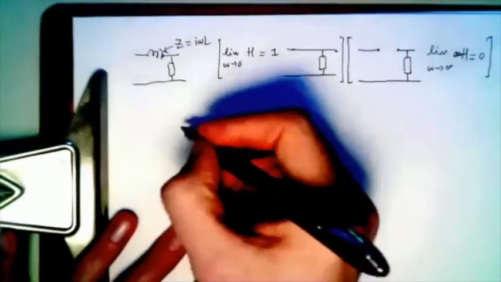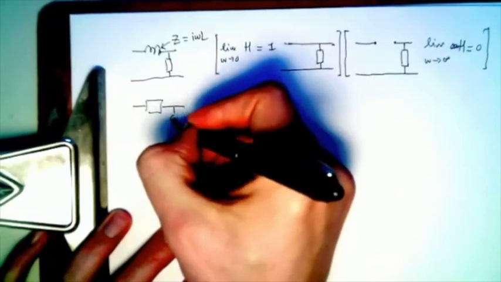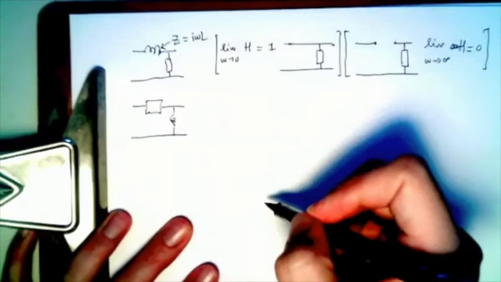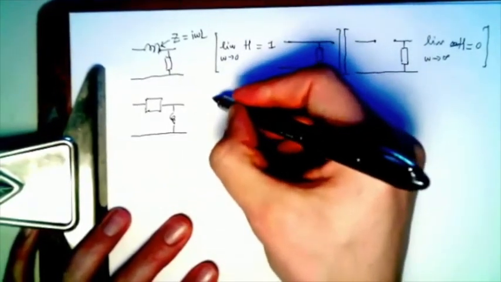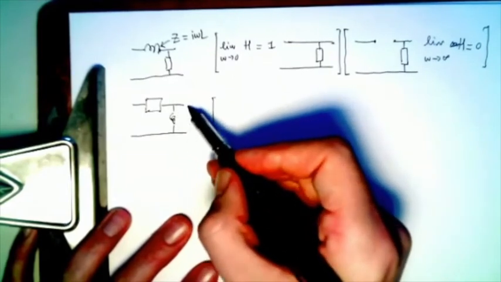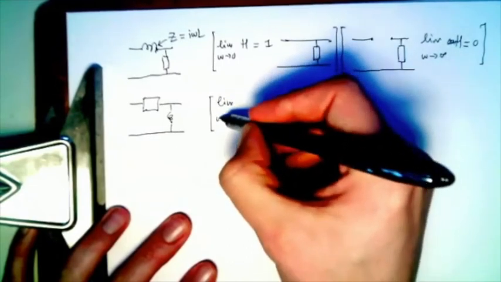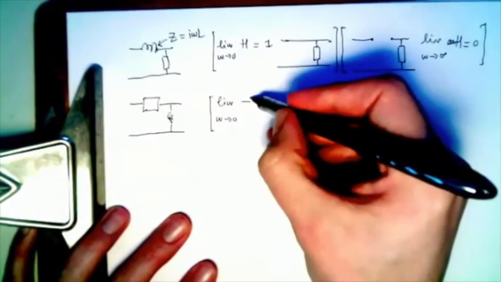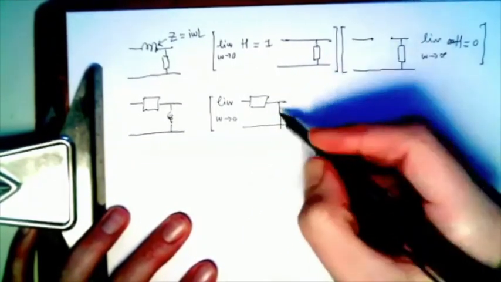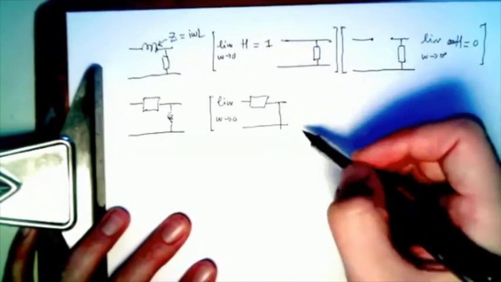So similar with this. So for instance, in the low frequency limit, this is a wire, and that means that the output voltage is shorted. So in the limit omega goes to 0, it's just a resistor with a wire. An ideal wire doesn't allow any voltage to exist between 2 points on a wire.